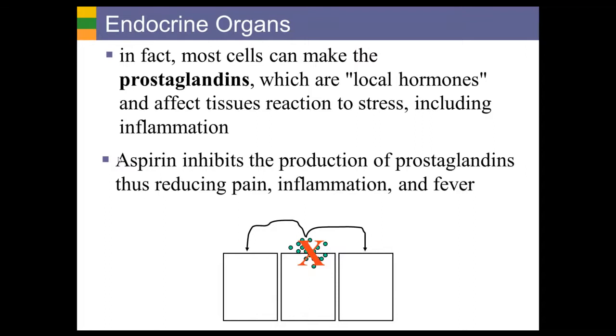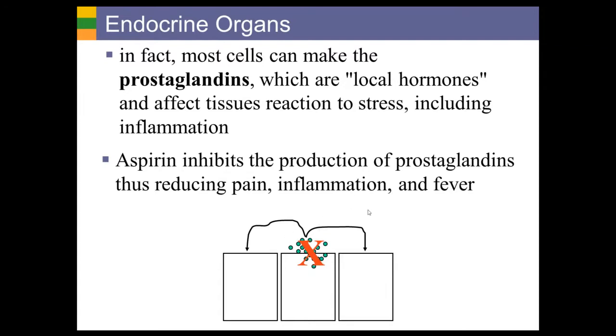Now, what's interesting is for years, we realized aspirin blocked pain and reduced inflammation and also impacted fever, but we never really understood why. Well, it's because aspirin stops the secretion of prostaglandins and therefore reduces pain, inflammation, and fever. Now, this is not something you have to know.